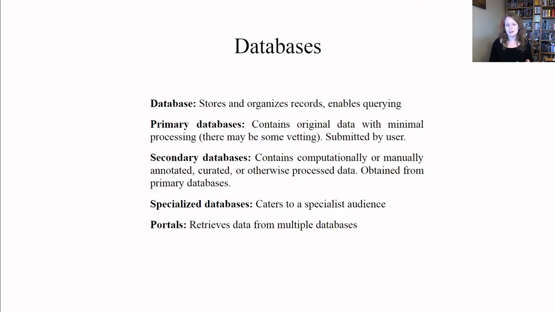This can be something like annotation, which could be either computational or manual. There could be a curation step or some sort of processing on the primary data, and then storing the processed version. There are, of course, a large set of various specialized databases.